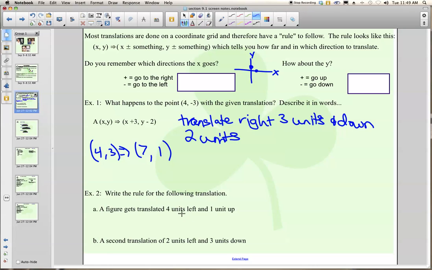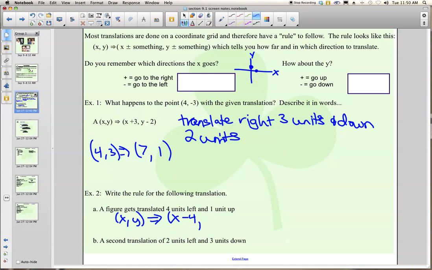You can go the opposite direction. If I give you the rules in words, you can write them and then use them the same way. So if you need to translate a figure 4 units to the left and 1 unit up, when you go to write that rule, you write that x and y move, and then what do you have to do to the x to make it go to the left 4 units?